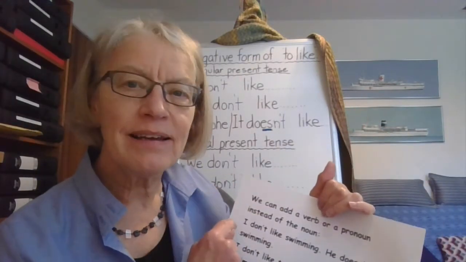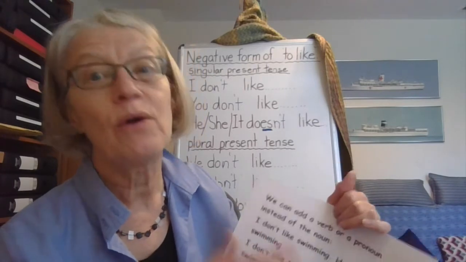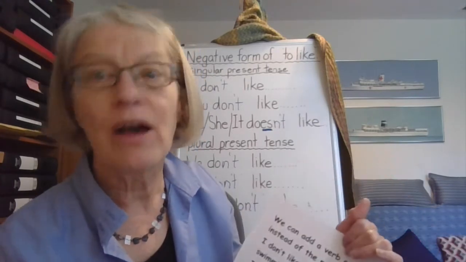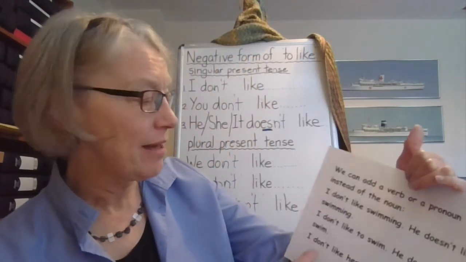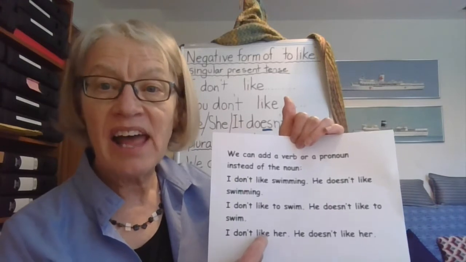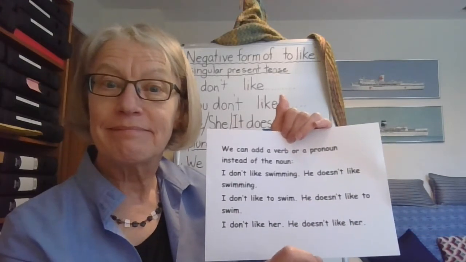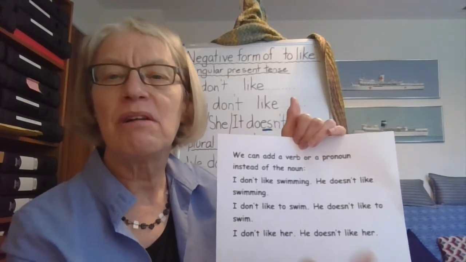And the other thing that we can put after I do not like, or you do not like, or he, she, or it doesn't like is a pronoun. So I can say, I don't like her. There's the pronoun. It's instead of a noun. I don't like her.